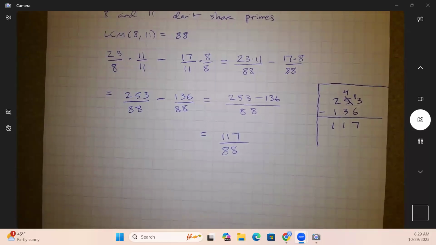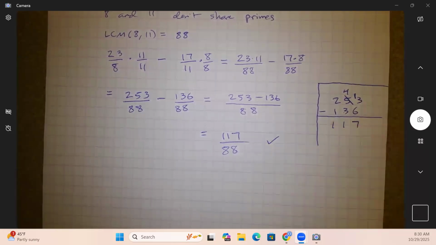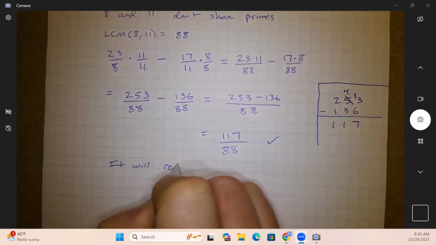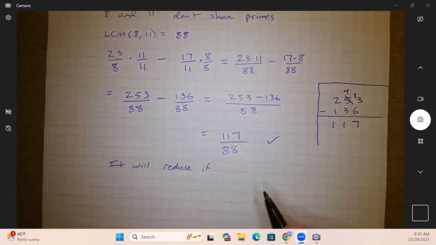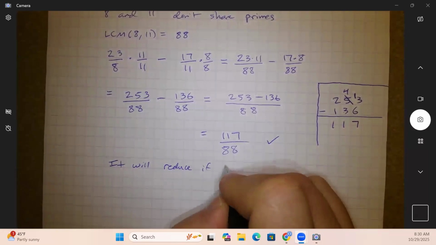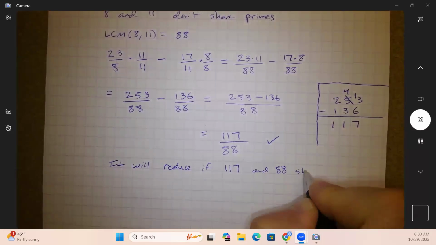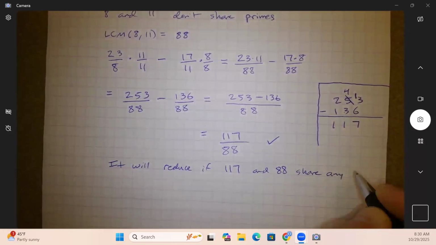That is the right answer. We don't know if it's reduced yet. It will reduce if, and again, we wander into prime territory, if 117 and 88 share any primes.